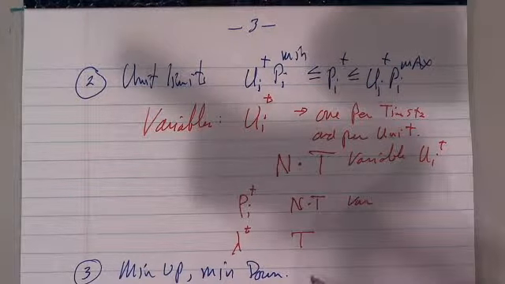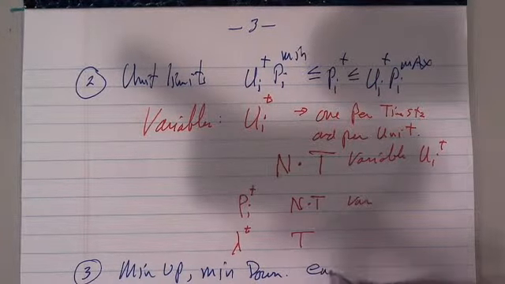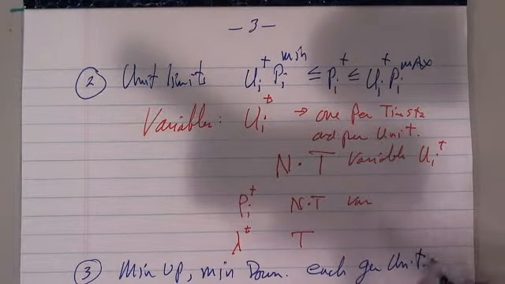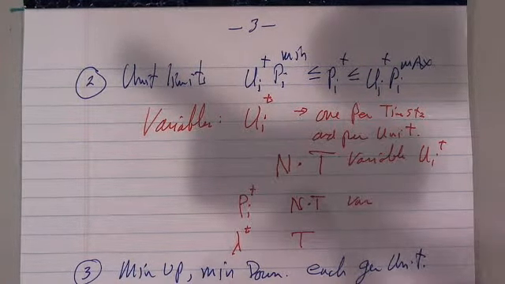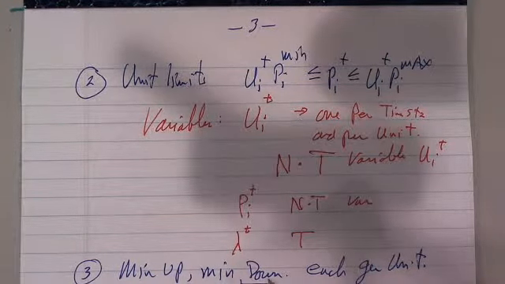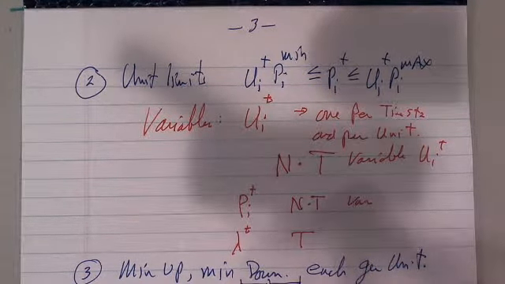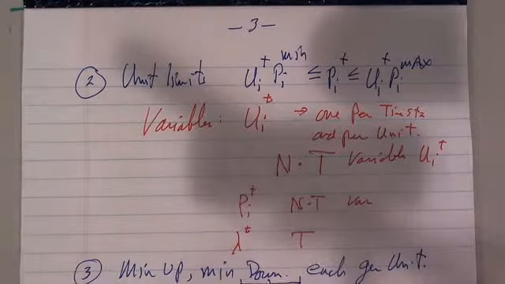Each generating unit has them. Min up says that when the unit goes up, and maybe it's got a min up of 3, then it has to stay on for 3 hours, and then it can come down. So if it goes 1, then it's 3 ones in a row, then it can go to 0 again.